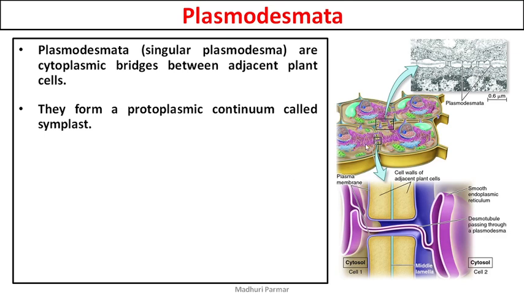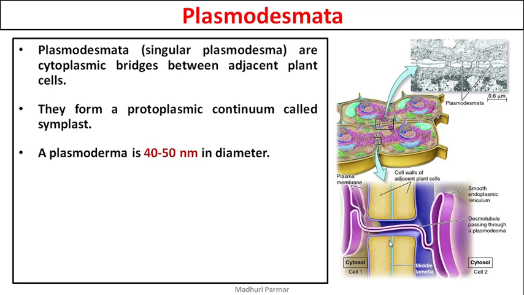Meaning protoplasm of one cell is connected to the other, and this is called symplast. A plasmodesma is 40 to 50 nanometer in diameter. It is very small.